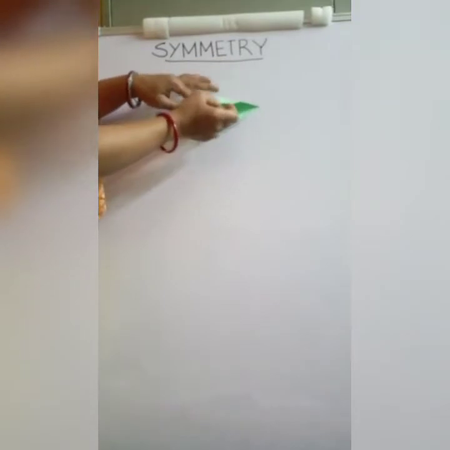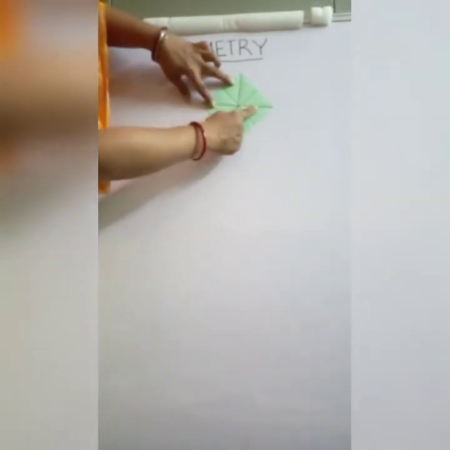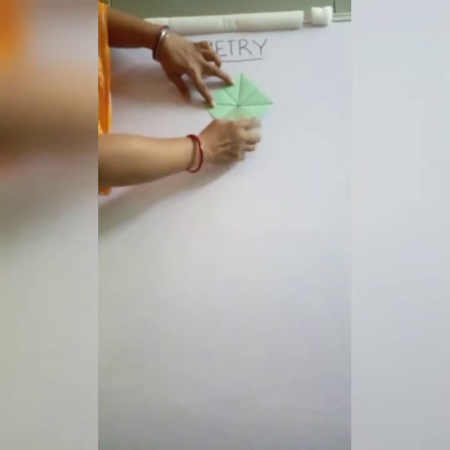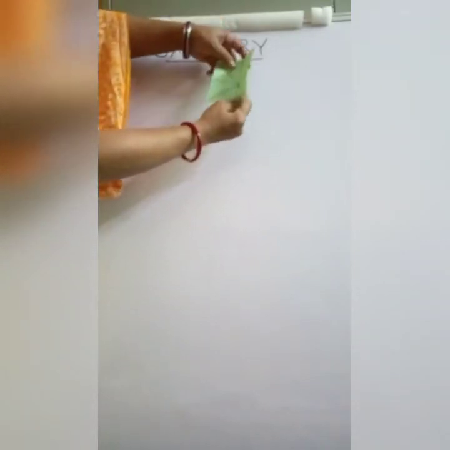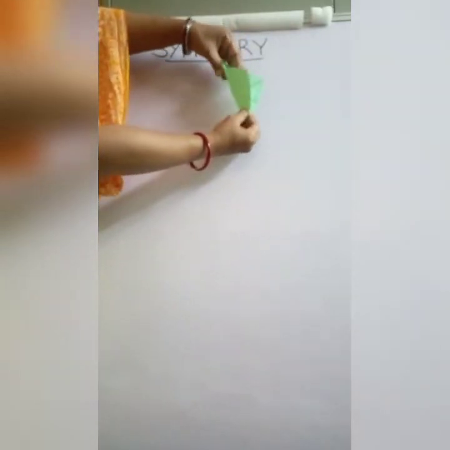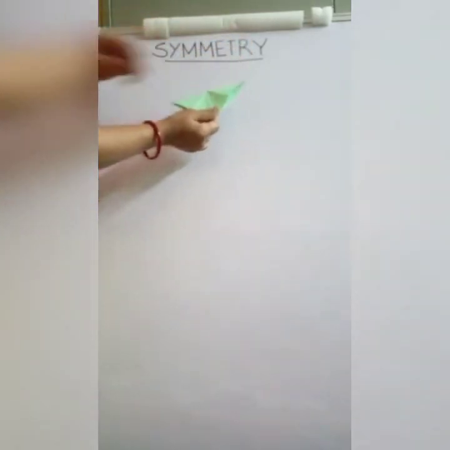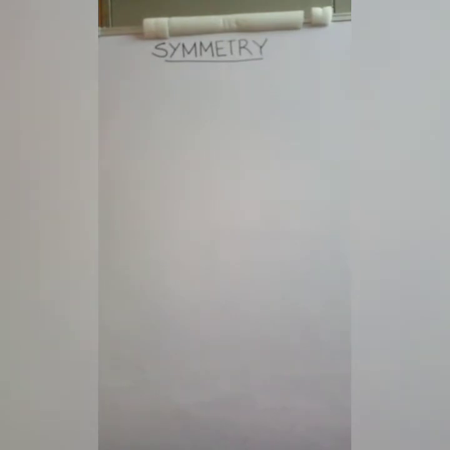So we can see there are four lines of symmetry. 1, 2, 3, 4. So a circle has uncountable lines of symmetry. A square has 4 lines of symmetry.